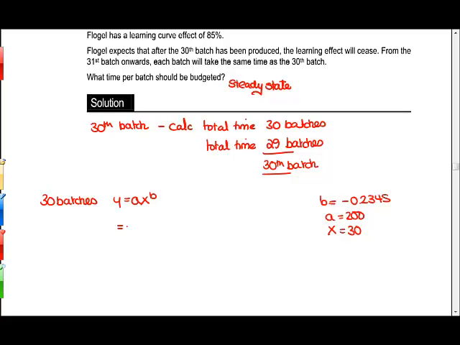So this is a good opportunity to make sure that you can pop this into your calculator, and you may wish to pause the recording and then do the calculation to check that you're happy popping it into your calculator.